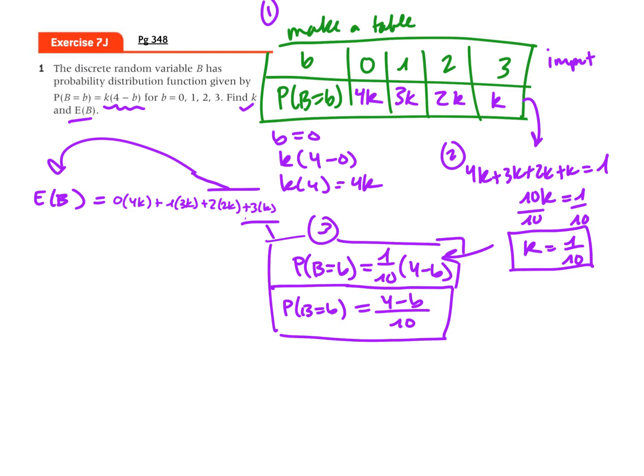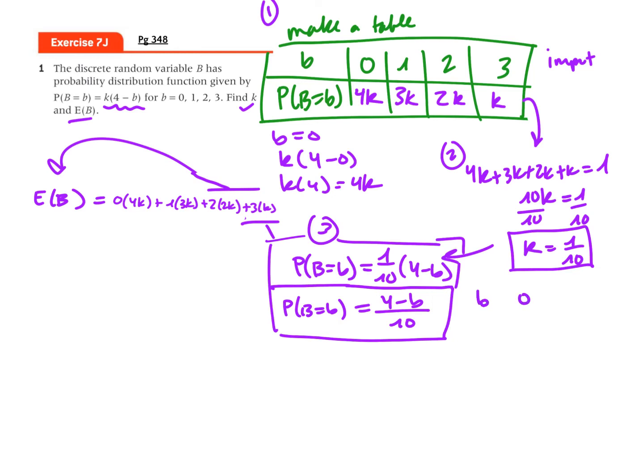Okay, what does this tell us? Oh, I already know, shoot, I didn't do this. I meant to make another table, because I know my k. Dang it, I was doing so well.